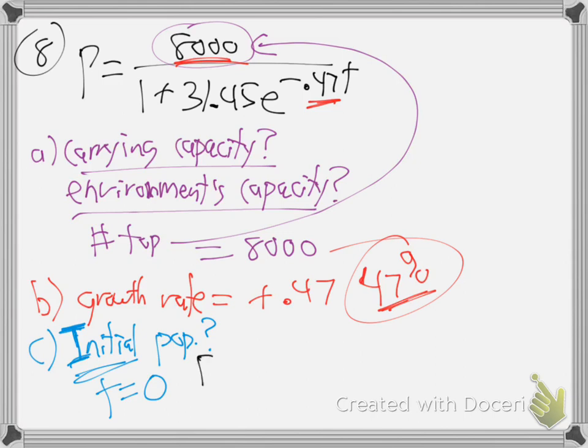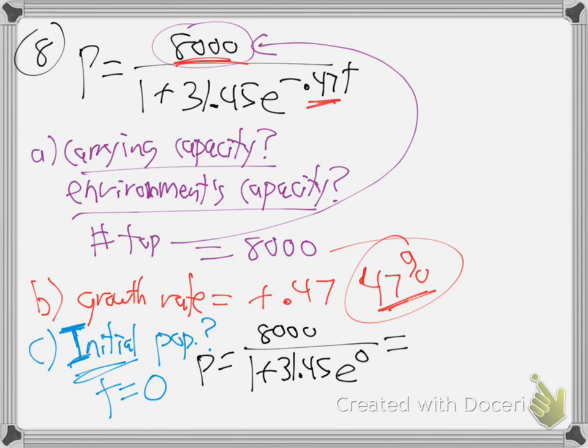So the population will be 8,000 over 1 plus 31.45 e to the 0. When I plug in t equals 0, that whole 0 times negative 0.47 is just 0. Well, what's e to the 0? It's a 1.